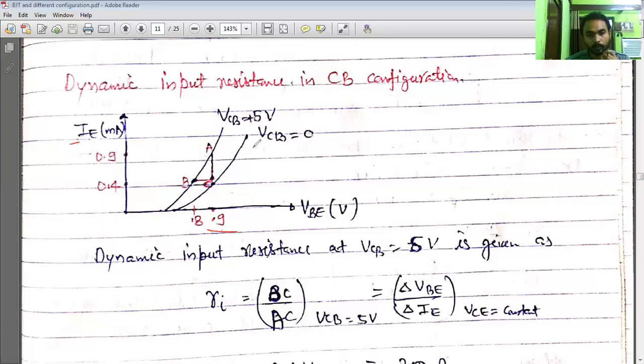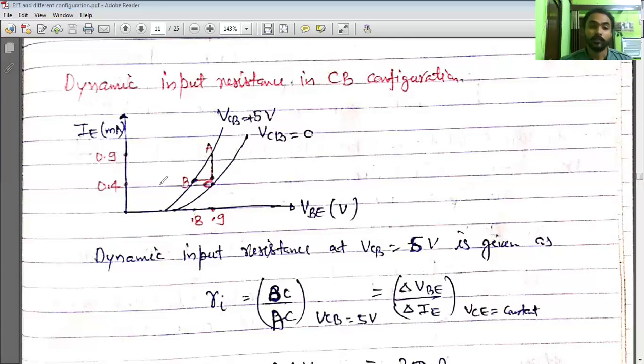So either I find it for this voltage, or I can find it at this voltage, because these two characteristics are completely different. If we change the output voltage, the curve will change its position. So I can find a dynamic resistance either for this voltage or for this voltage. In this example, I am finding the dynamic resistance for this voltage. That's why I have taken point A and point B.